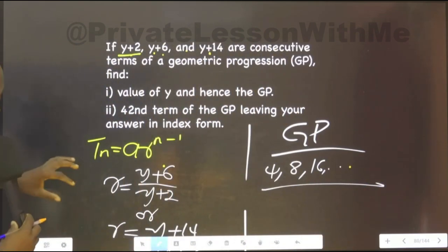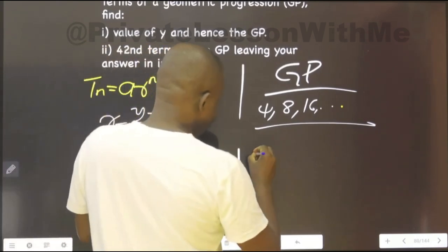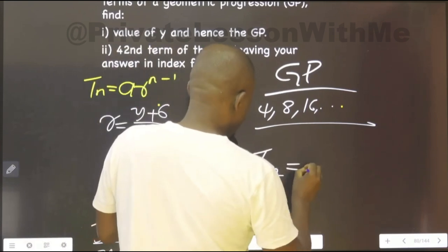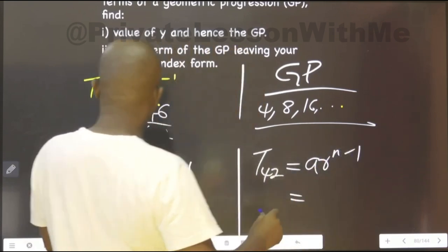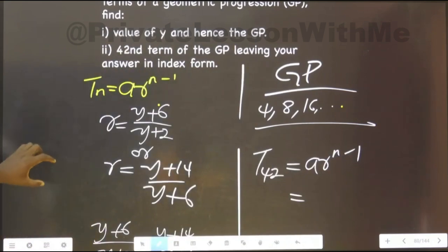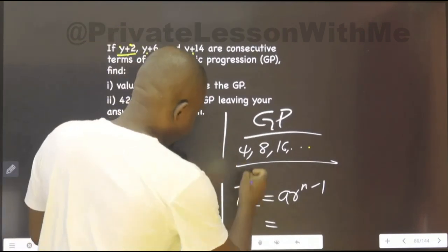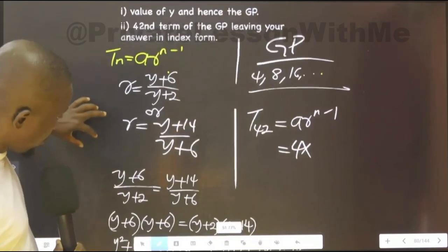The next one is the 42nd term. That is, this 42nd term is equals to ar to the power n minus 1. So, you agree with me that the first term is this, that is 4, multiplied by the common ratio.